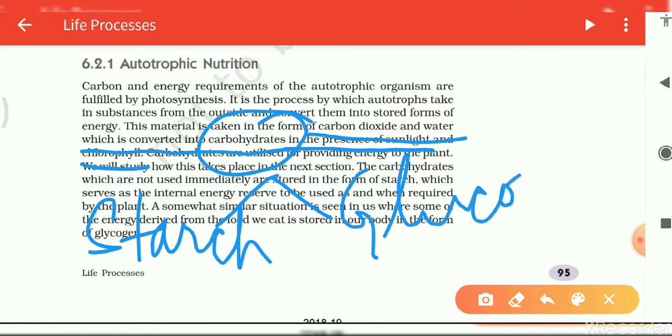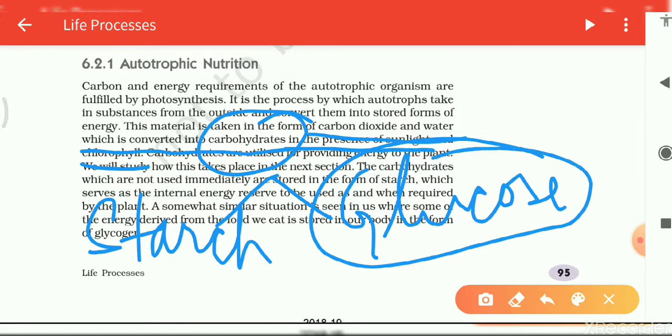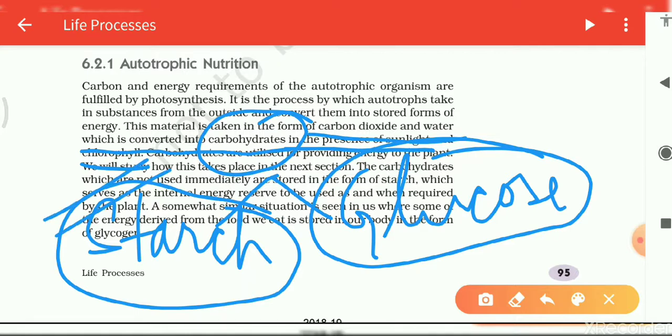That is why the food is sweet in taste, due to the presence of glucose, and the starch is stored in the plant, which can be used in an emergency time. This starch is stored inside the plant as an internal energy reserve to be used when required.